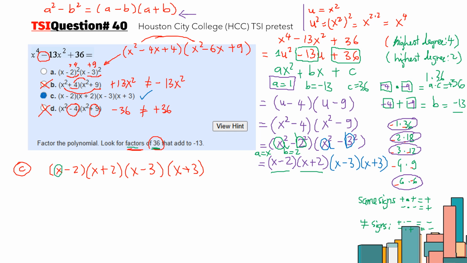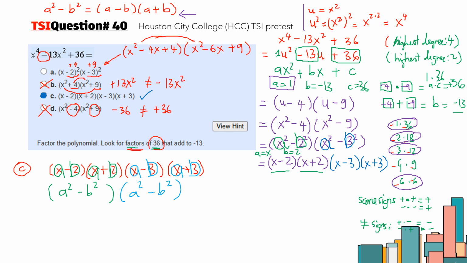I have my A minus B, my A plus B, so that one is my A squared minus B squared. Then I have another A minus B, A plus B right here, so I have another A squared minus B squared.